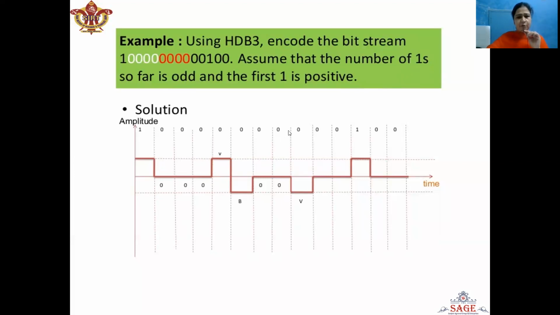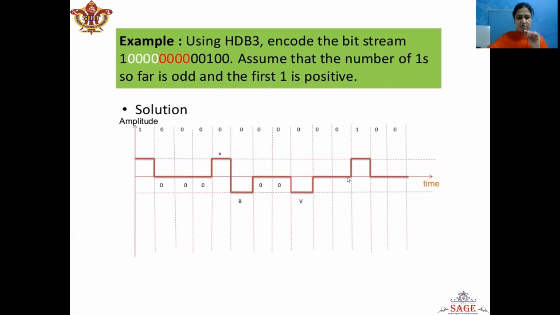Then for the next zeros, we will take the pattern for even ones because since the last substitution there are no ones, which is taken as even. So B00V: B will be shown by the alternate negative polarity. Then 00V, V will again be represented by negative polarity because it is the violation pulse.